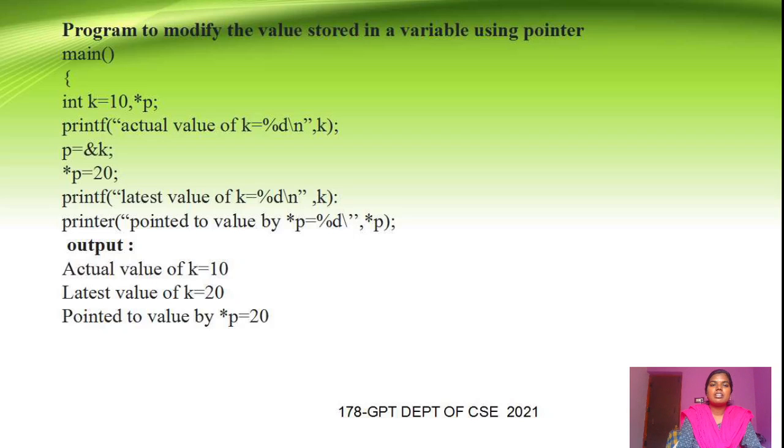That means we are assigning 20 through the pointer variable *p. Next we print the value of k, then print the value of *p. The output of this small program is: actual value of k is 10, latest value of k is 20, that is the changed value, and the value pointed to by *p is 20. As we assigned 20 to *p, that same value is printed in the output.